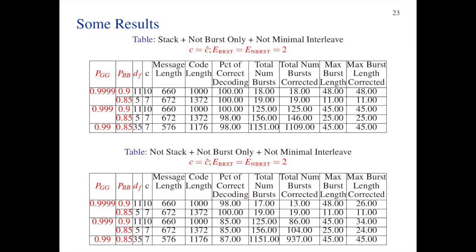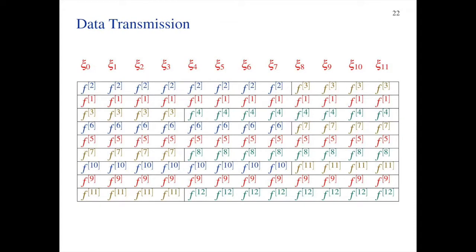By not burst only, what I mean here is that I consider that I could have both burst errors and non-burst errors. Errors that occur in some succession, and maybe sometimes I just get random errors at one point, or errors that do not actually affect the complete Reed-Solomon code word.